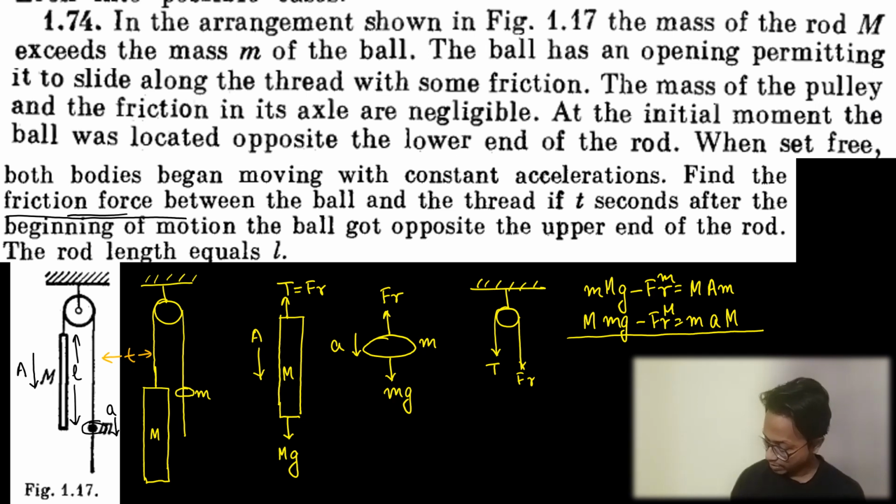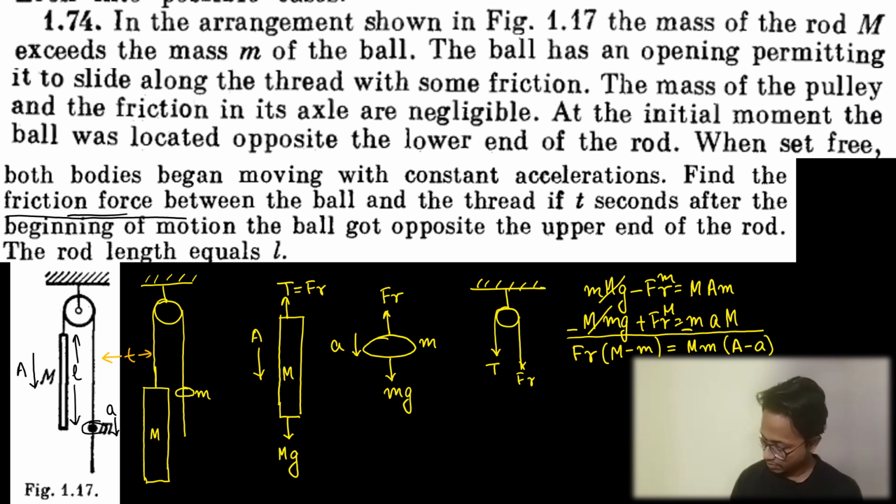Okay. Now what can I cancel? I can cancel this out. Means out here, this becomes plus, this becomes minus. So this value and this value get cancelled. So friction force FR into capital M minus small m is equal to capital M into small m into (A minus a).